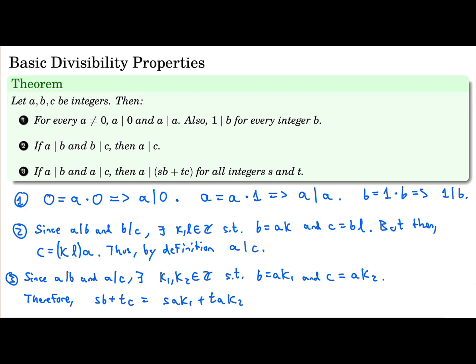And so you can factor out the a, and you get a times (s k1 plus t k2). And so that means that when you have sb plus tc, there exists an integer that when you multiply by a gives you that. And that's exactly what we wanted to show. So thus a divides sb plus tc.